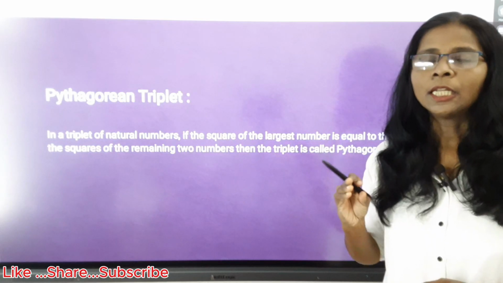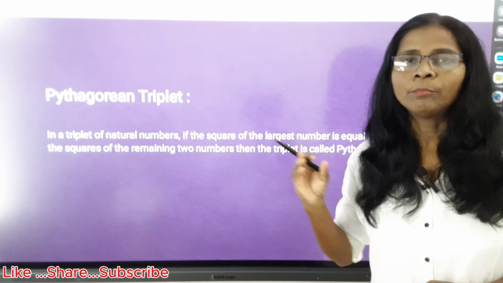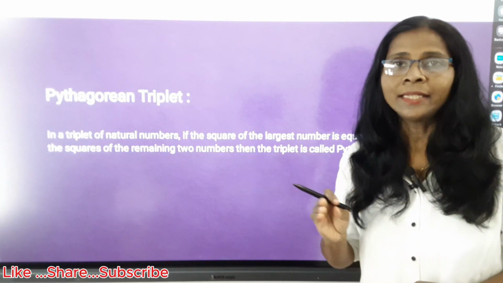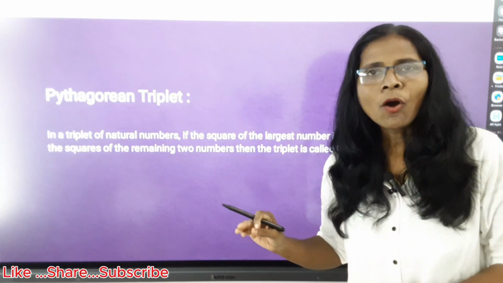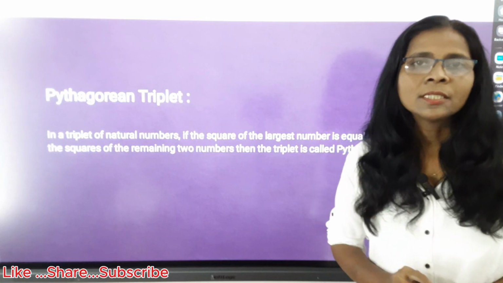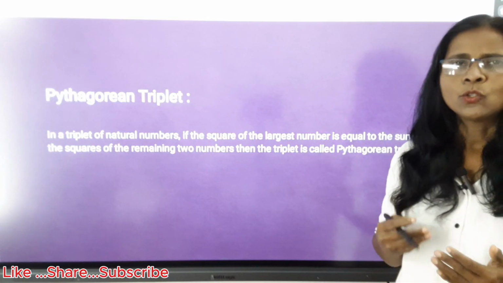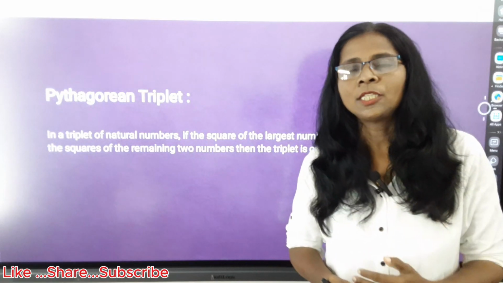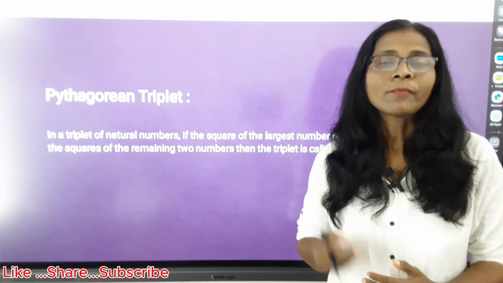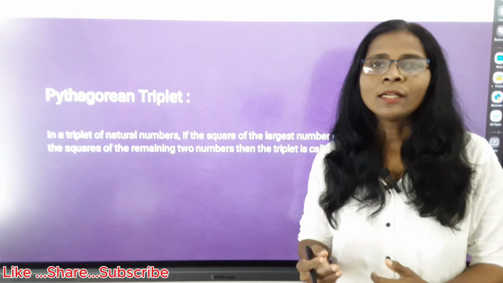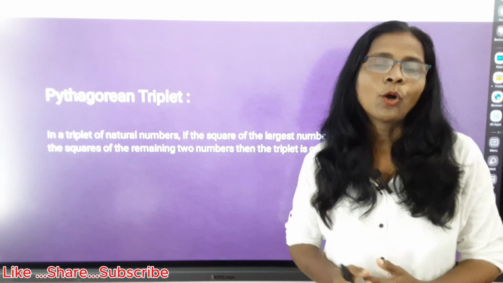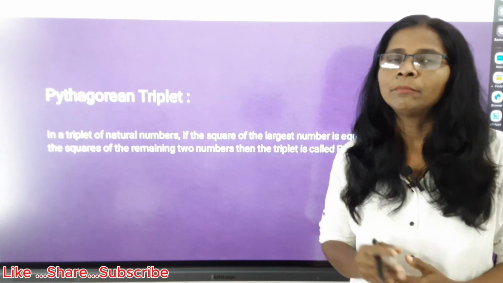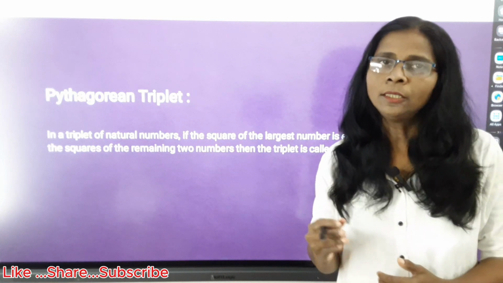In the triplet, if there is a largest number, you take the square of this largest number, and the squares of the smaller numbers. If the square of the largest number is equal to the sum of the squares of the remaining two numbers, then we can say the numbers are a Pythagorean triplet.